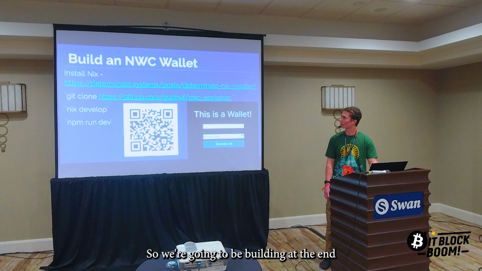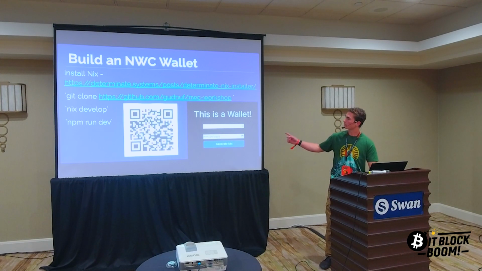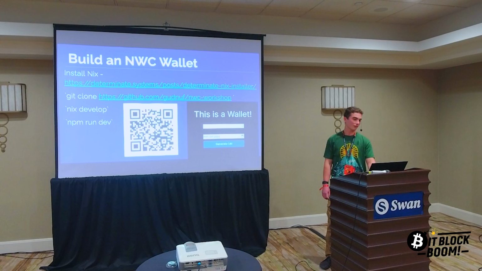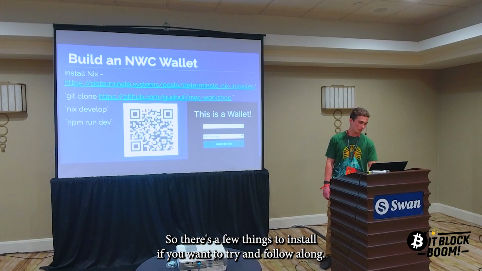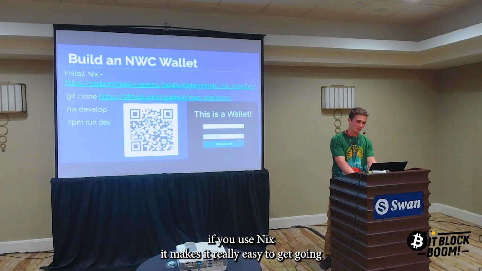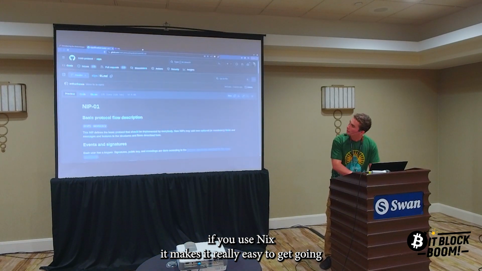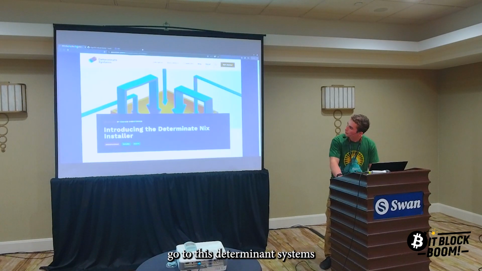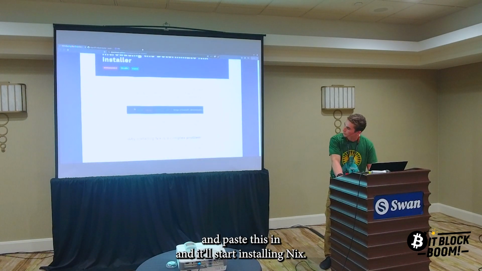So at the end we're going to be building this simple wallet using Nostr Wallet Connect. There's a few things to install if you want to try and follow along, so I figured I'd show this now. If you use Nix, it makes it really easy to get going. You can go to Determinate Systems and paste this in and it'll start installing Nix.